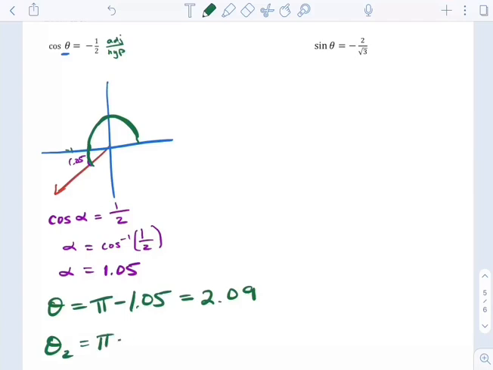So there's a second possibility, pi plus 1.05. Remember, pi is just 3.14. If I put in that calculator, we would get 4.19. Those would be the two angles that if I put into my calculator as radians, would give me -1/2.